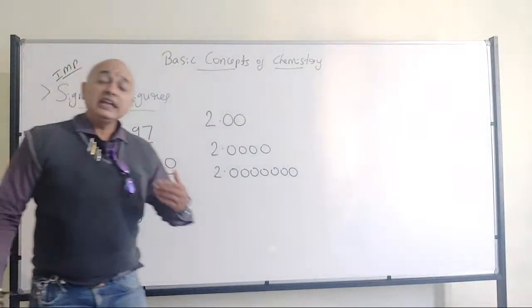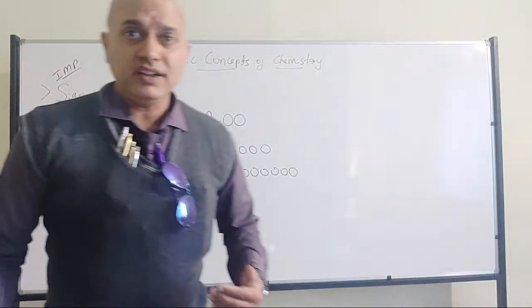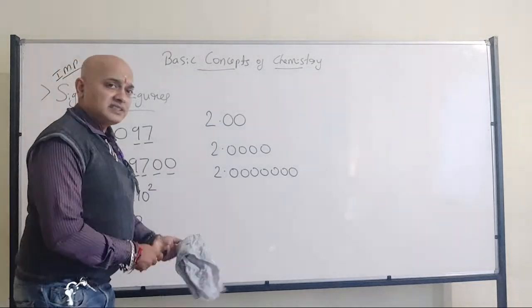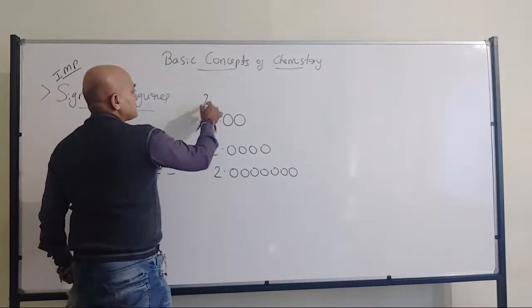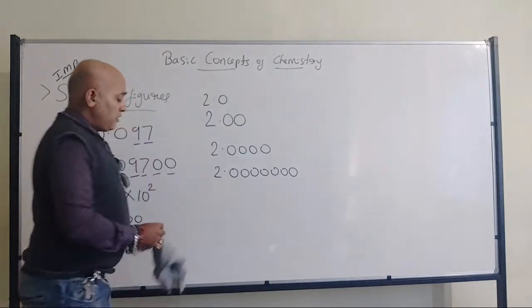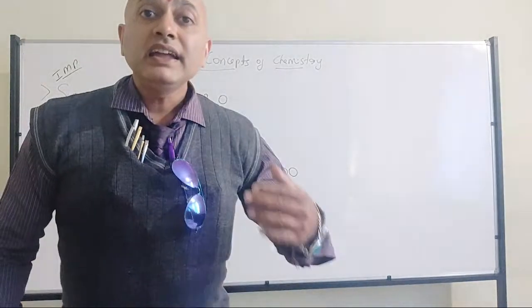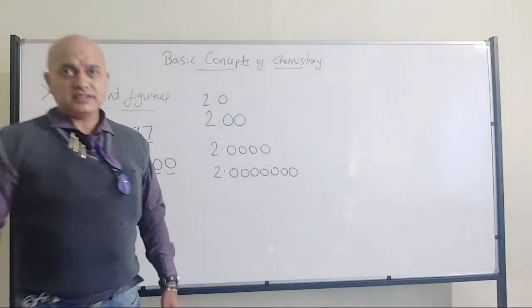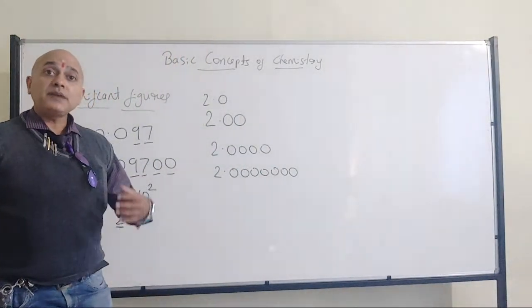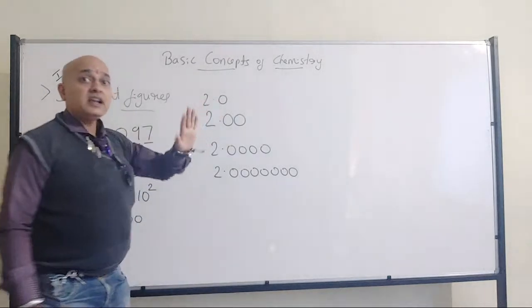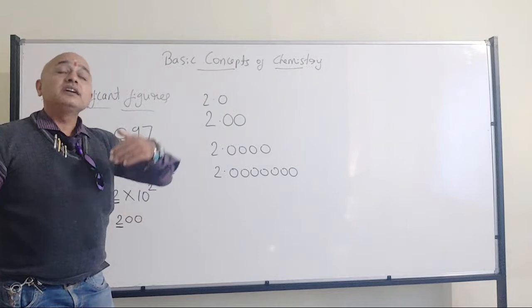I can have infinite significant figures because I can represent that as 2.00, or as 2.0, whatever it is. So therefore we can tell that it is having infinite significant figures, right? Now when I am talking about this one, here it is not infinite.